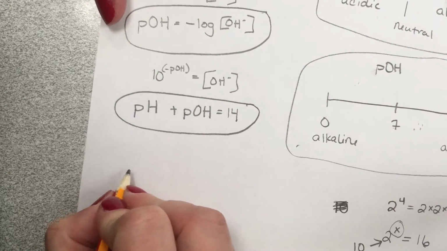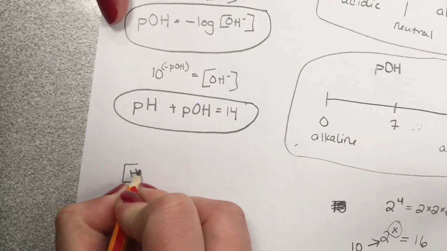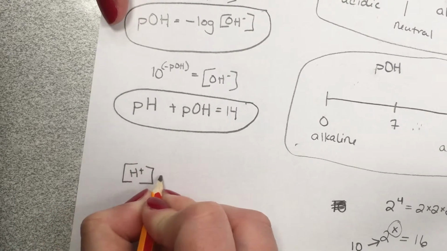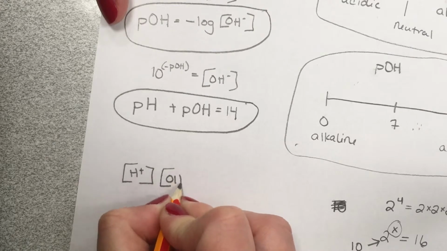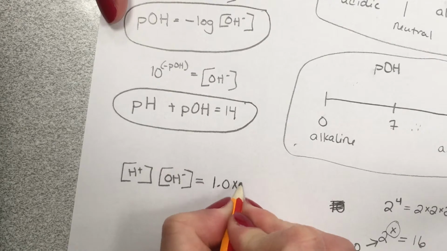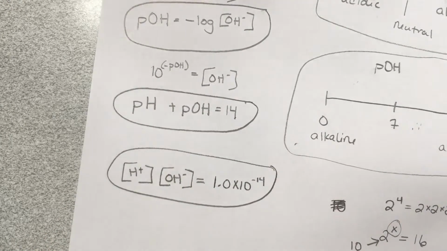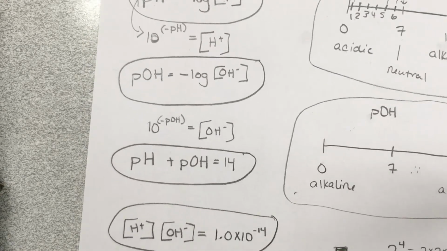And the ion dissociation constant of water is just the hydrogen ions times the hydroxide ions is equal to 1.0 times 10 to the negative 14. That's your last equation you need to know for the pH section of your test, okay? So you need to know those.